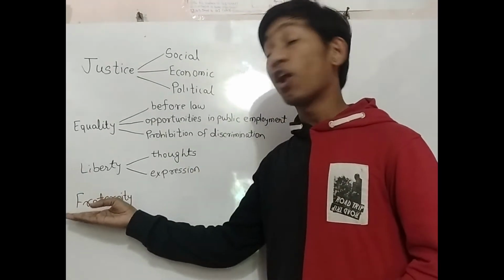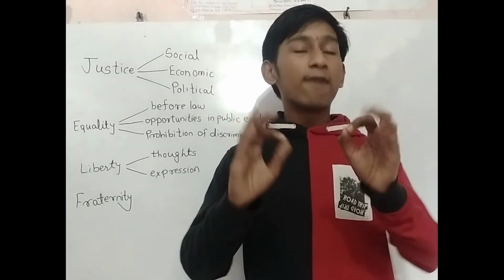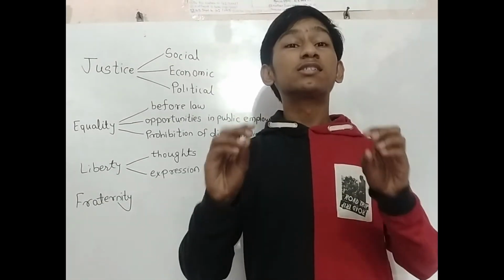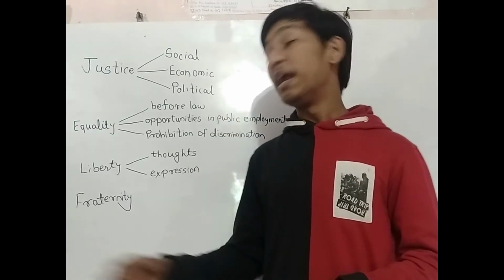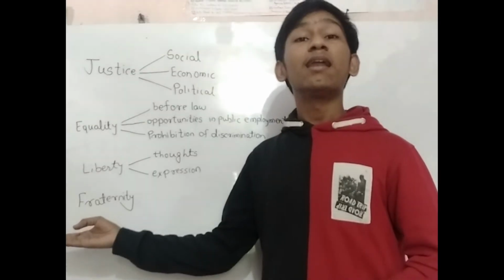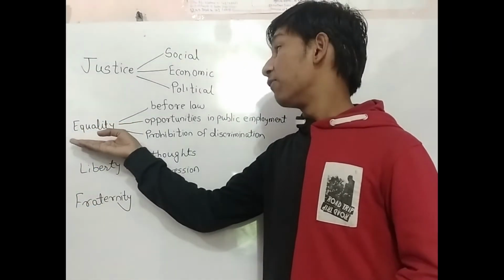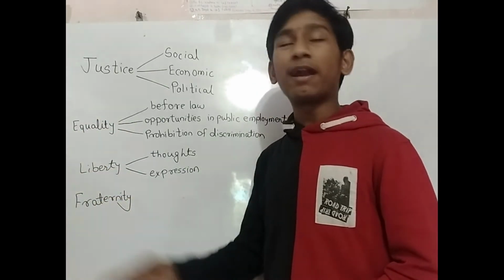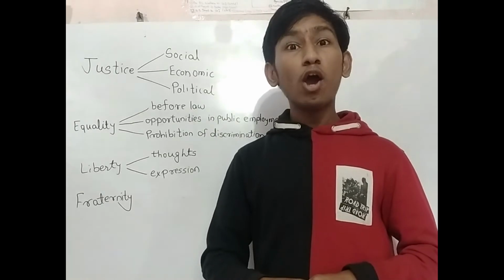And last but not the least, fraternity amongst the citizens of India. Means every person in our country must live in a peaceful environment, maintaining the fraternity in our India. So now when you read these three words, equality, liberty and fraternity, in succession, does something come to your mind?